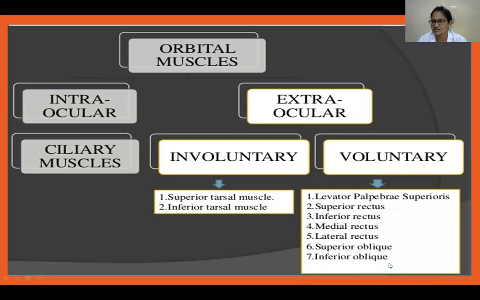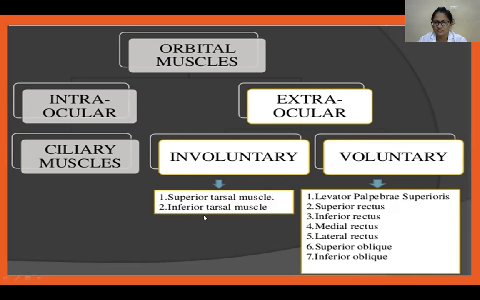All these 7 muscles are voluntary extraocular muscles of the orbit, and they all come under voluntary control.